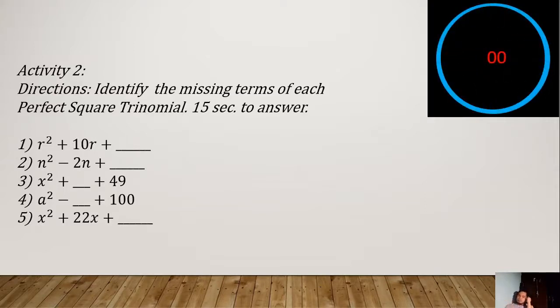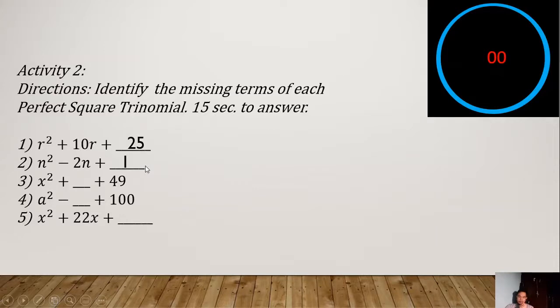Okay, time is up. Time is up. Let's answer. For number 1, r squared plus 10r plus, very good, 25. Take half of 10, which is equal to 5, then square 5. 5 times 5 is 25.